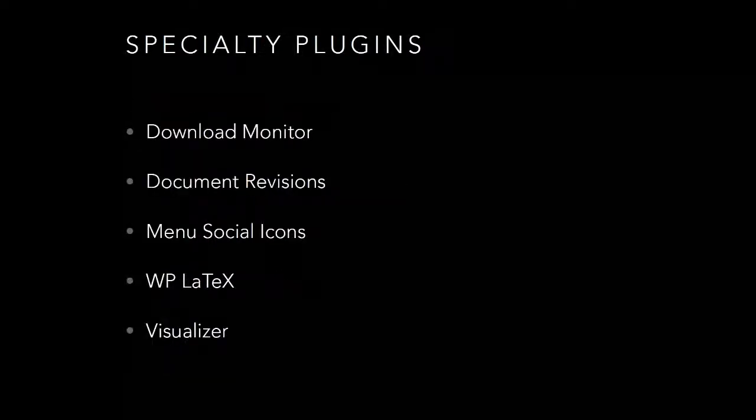There are some specialty plugins that I use when the occasion calls for it. Download Monitor is one that is just a download counter and manager for your files. So if you're making some kind of zip package public and you want to track who's getting that, Download Monitor is pretty good. Document Revisions has been mentioned a few times.